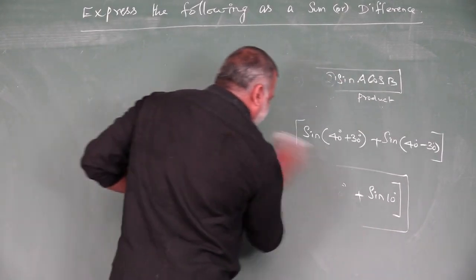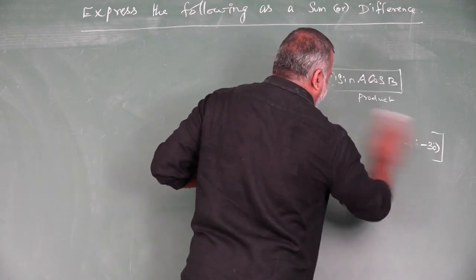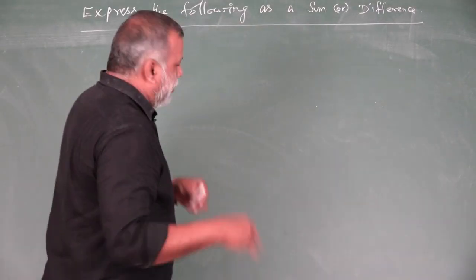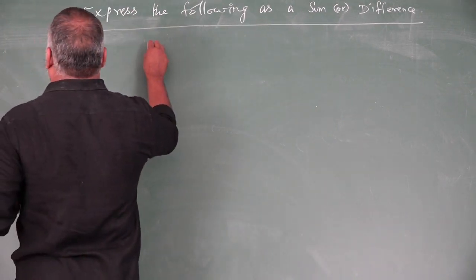Now, in the same model, it may be sin of (a plus b) plus sin of (a minus b) or negative. See the second question.